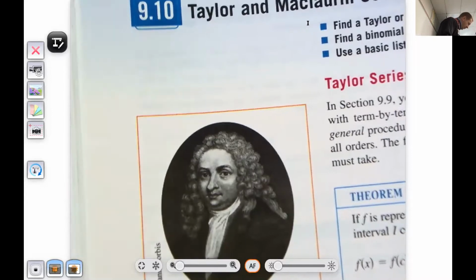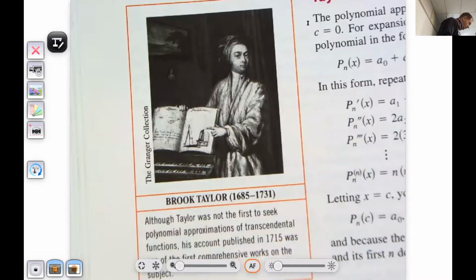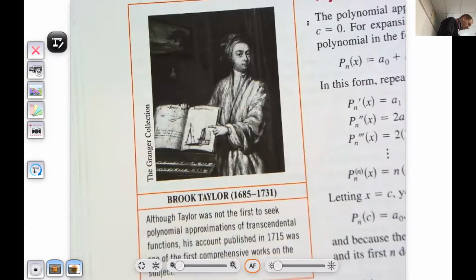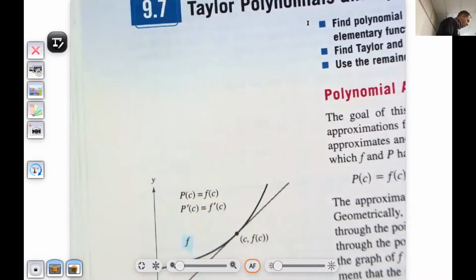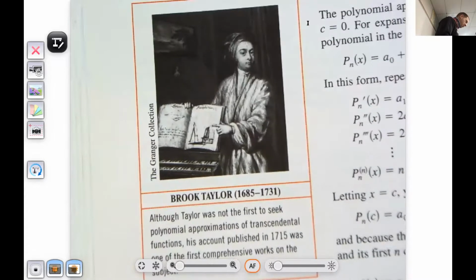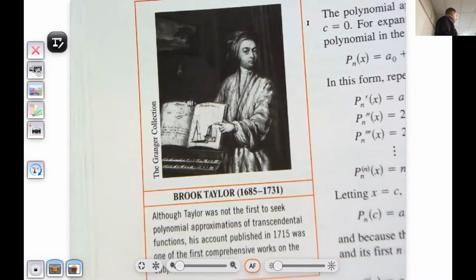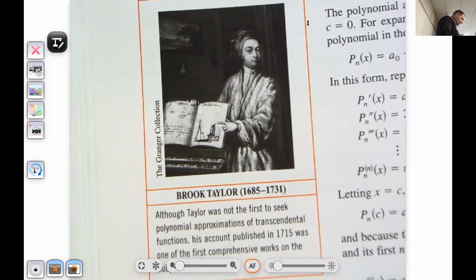Taylor was born first, he was older. I want to know the history. I want to know, did Taylor come up with this stuff and Maclaurin steal his thunder with 0? Or did Maclaurin do it with 0 and then Taylor expanded it? I think it has to be that way, otherwise we'd just call them the same thing. I would think.